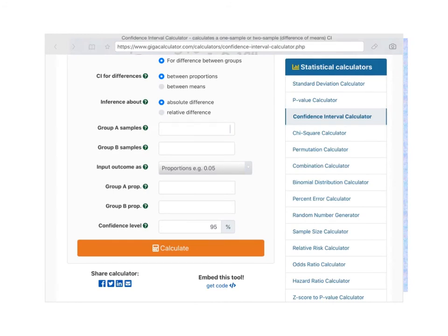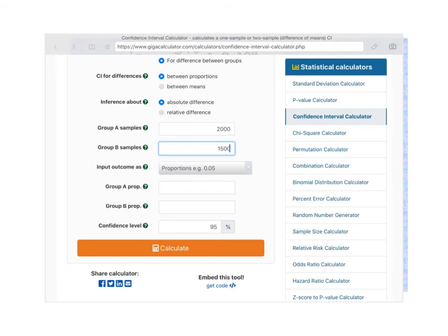Group A. Since this calculator does B minus A, I'm going to do 2000 first, and then 1500 second.